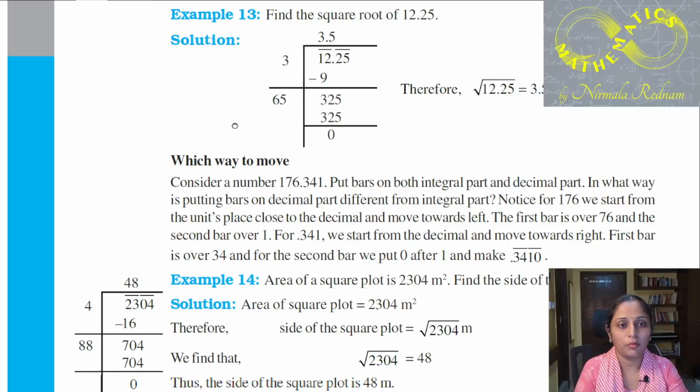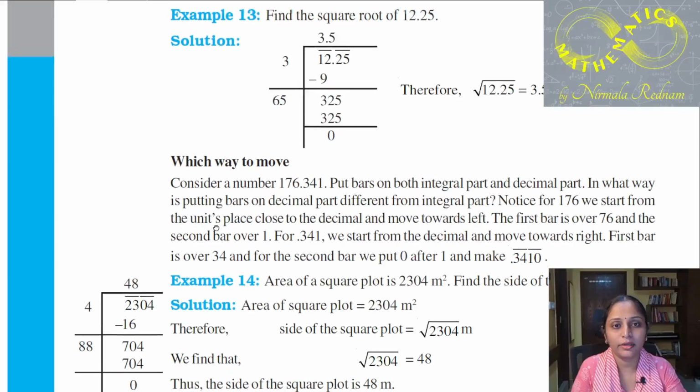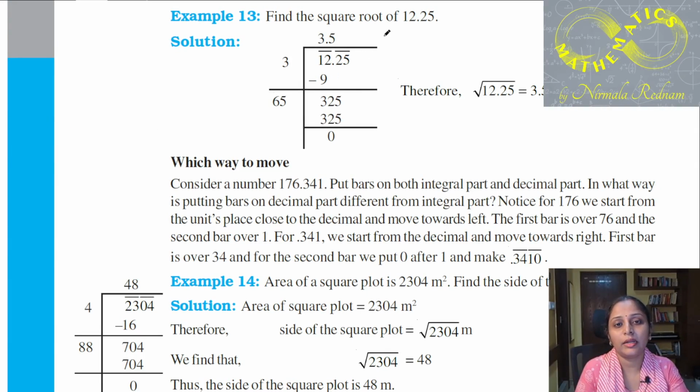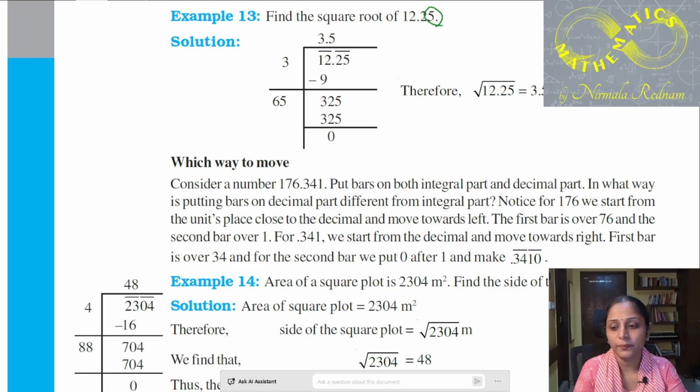Again, they have given one more example, 12.25. You're going to get 3.5. In fact, here you can actually answer this directly because when you have 25 in the square, if you remember, in finding the square of a number ending with 5, you've seen that, for example, 35 squared is nothing but 3 into 4, 12, 25.